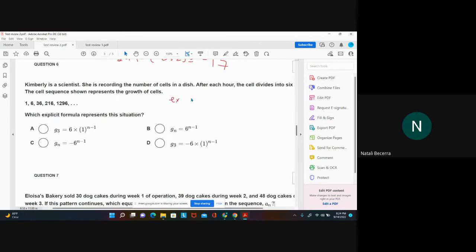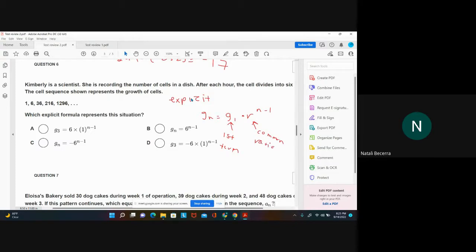The explicit formula for geometric is Gn equals G1 times R to the power of n minus 1. Okay, G1 is your first term. And similar to arithmetic, where we had common difference, here we have common ratio. And that's the number that you multiply every time.